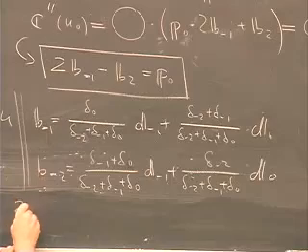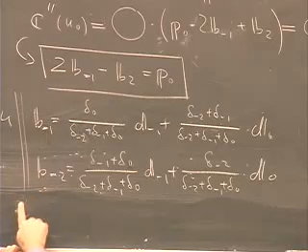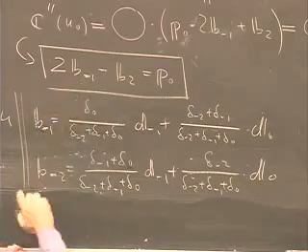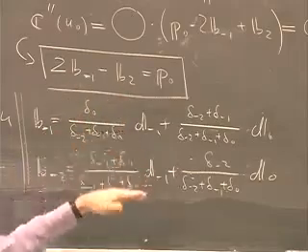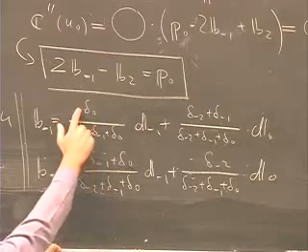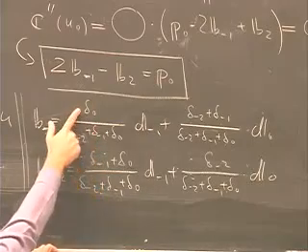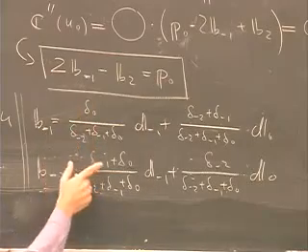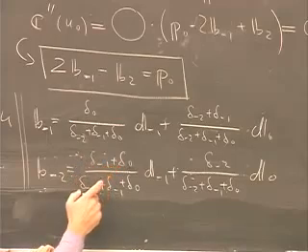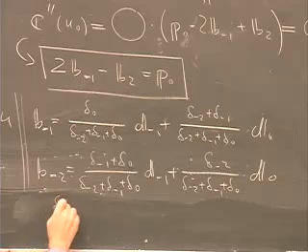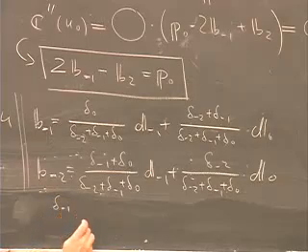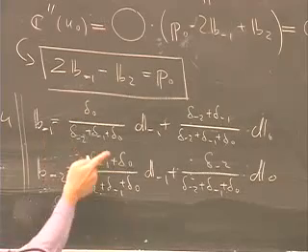We have 2b1 minus b2. We can just do this here by looking at what's on the board, right? 2 times this minus that. So 2 delta 0 minus delta 0 is delta. So this remains delta minus 1. This was 2 delta 0 minus delta 0.